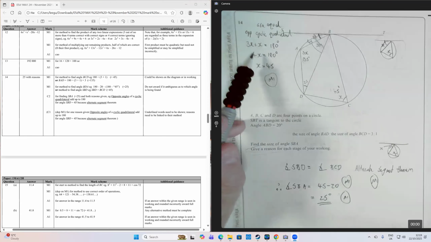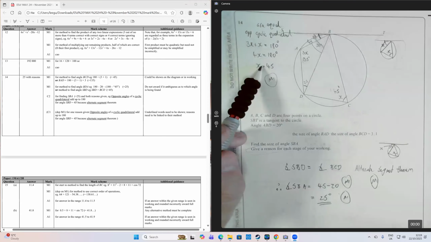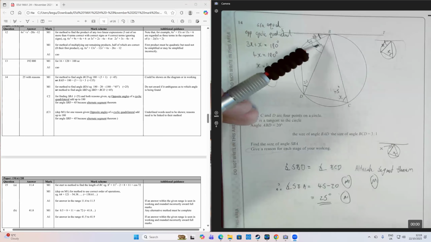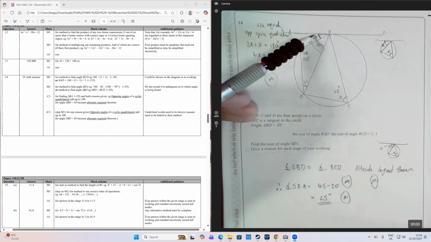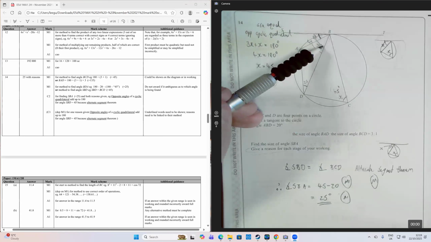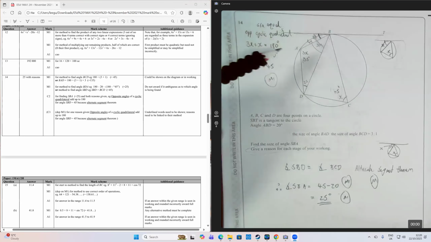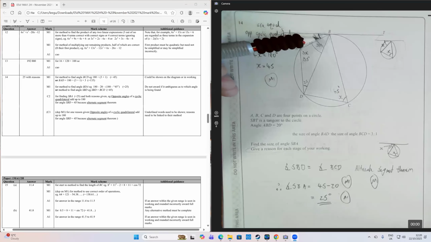So therefore 4x is 180, so x is 45. So we now know that x is equal to 45, which is great, because what that's telling us then is that this whole angle here is 45. And we know that this angle here, we're told, is 20. So that means that this little angle here must be 25. Okay, so that angle there must be 25.